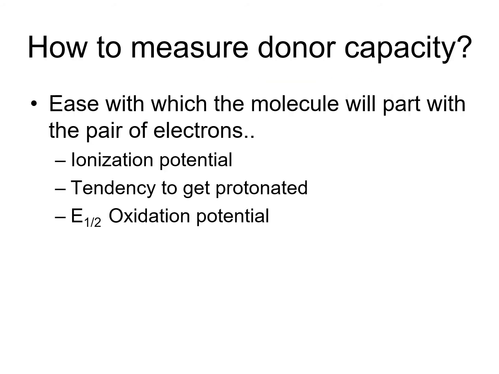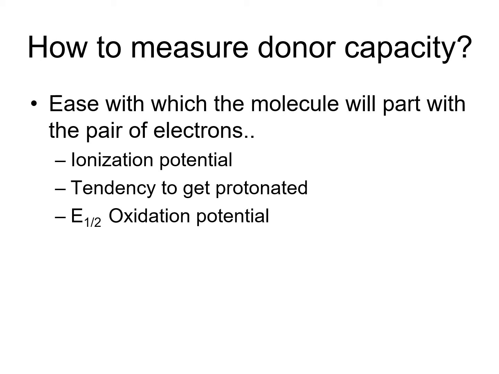Now let us take a look at the measurement of the donor capacity of a phosphorus ligand. If this is in fact true, we can get an idea about the donor capacity of a phosphorus ligand by measuring its ionization potential, the energy required to pull out an electron from the pair of electrons available on the phosphorus, which would be indicative of how easy it is to donate electron density from the phosphorus to the metal.